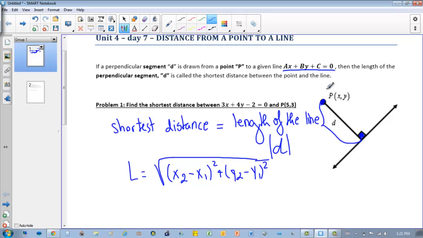So, since we only have 1 point, we need another point, but not just any point. Since I need the shortest distance from a point to this line, I need the end point of the line segment D. I need this point right here.